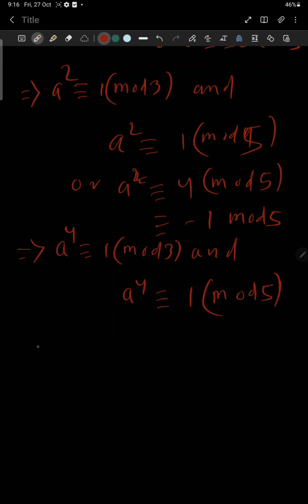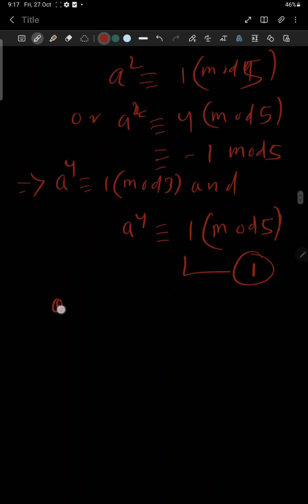Let us call it equation 1. Also we know that a to the power 4 is congruent to 1 mod 4.